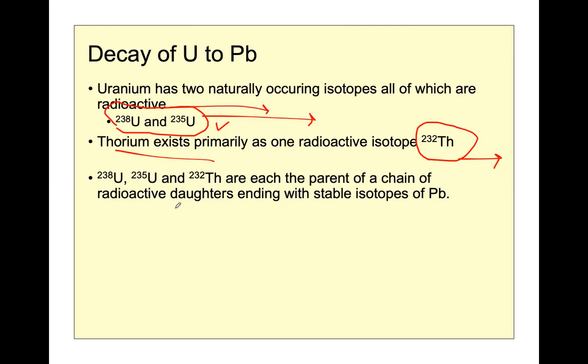So the radioactive daughters produced are lead isotopes, by 238 uranium, 235 uranium, and 232 thorium. These are the decay mechanisms, the decay parental isotopes of the uranium lead and thorium lead system.